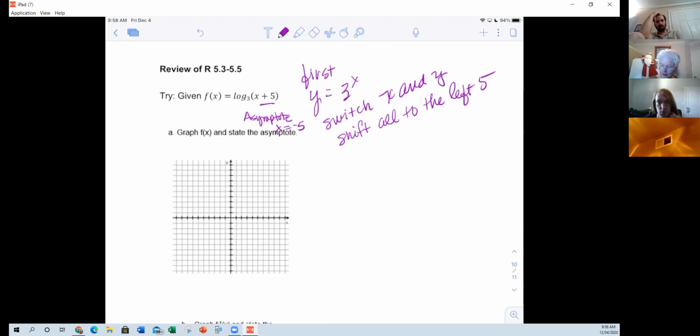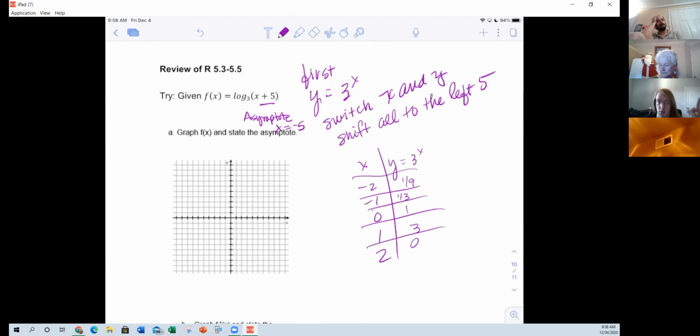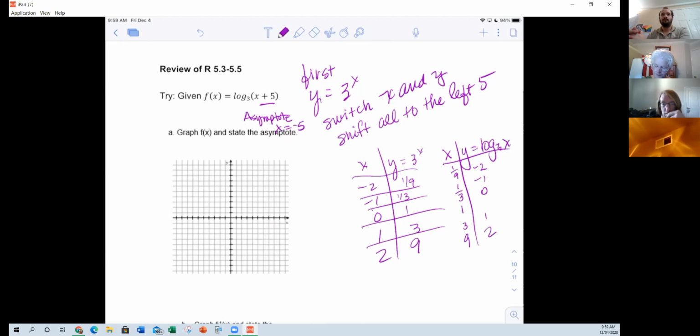So I know 3 to the x. Switch those. So 1/9 becomes -2.